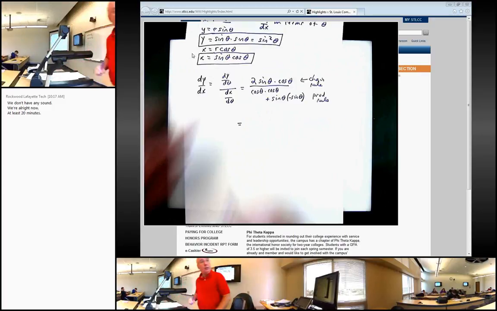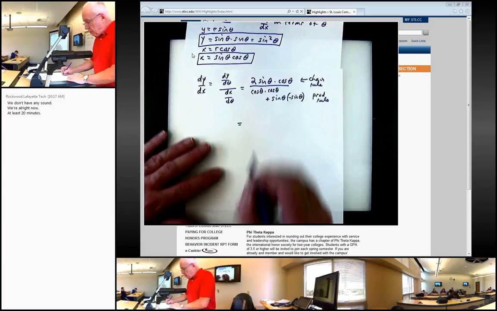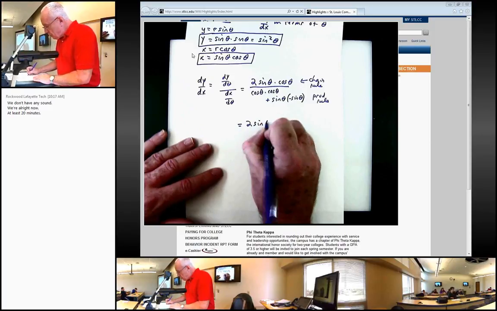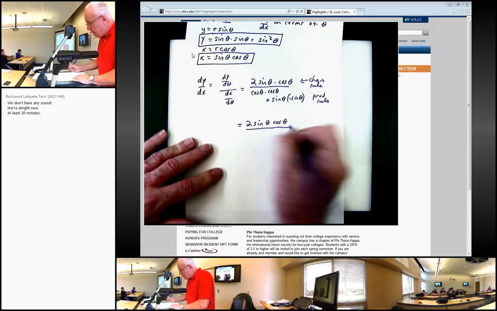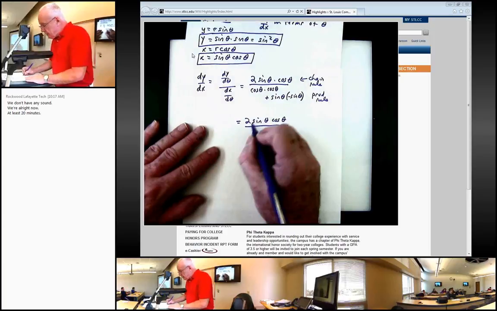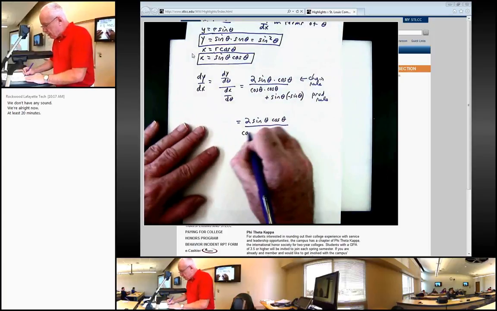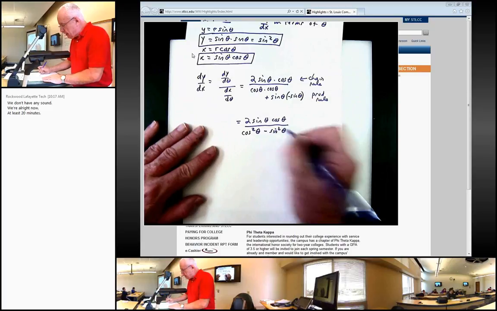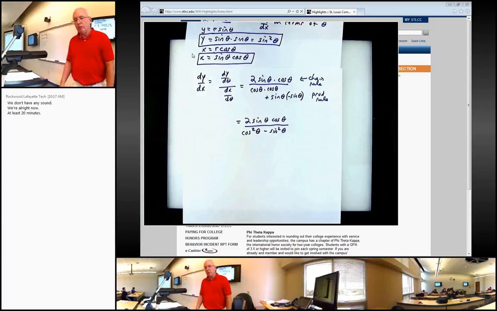All right. So let's see what we have here. We have 2 sine theta cosine theta on top. Down below, I can write this a little bit nicer: cosine times cosine, cosine squared theta, minus sine times sine, sine squared theta. Okay, this is fine.